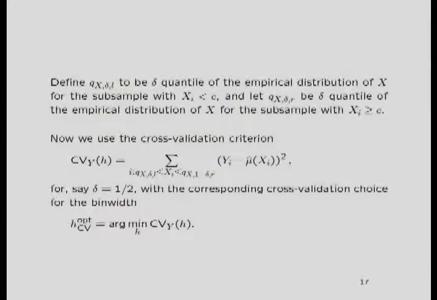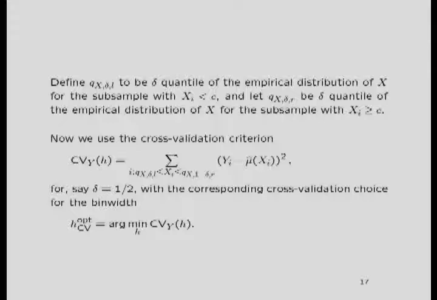Then at a particular point x, we estimate the regression function by the intercept from that local linear regression, alpha_l, if we're to the left of the cutoff point, and with the intercept alpha_r if we're to the right of the cutoff point.